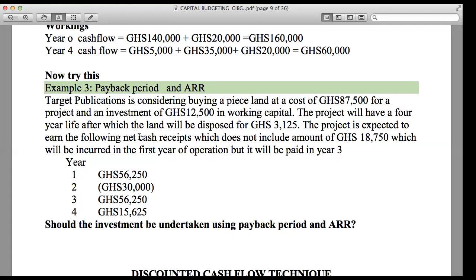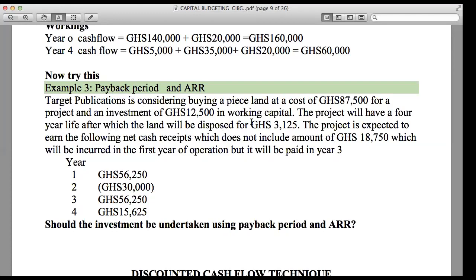Good. But there's a note that says the project is expected to earn the following net cash receipts, cash flow, which does not include an amount of 18,750, which will be incurred in the first year, but it will be paid when?